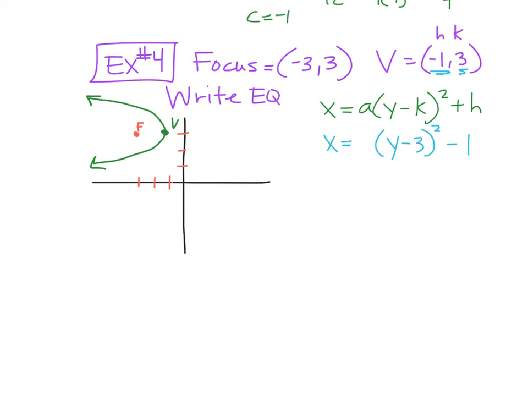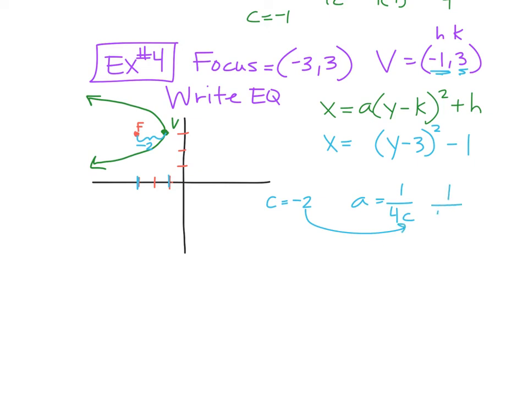Thinking about what we know here, this distance, this is -1, this is -3, so the distance here is -2. It's a distance of 2, but this is the negative way, right? When we open to the left, we're moving 2 to the left, -2. So we know that our c is -2, so we can do our formula, a equals 1 over 4c, and you just plug that in here.